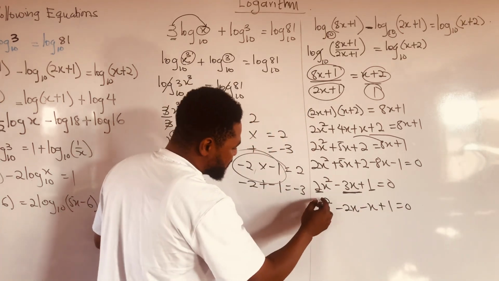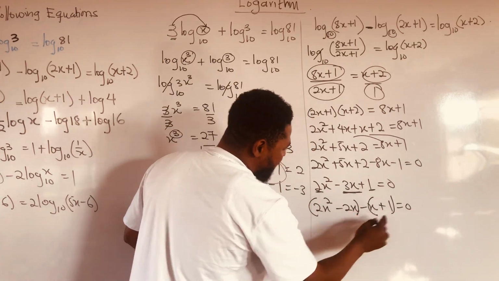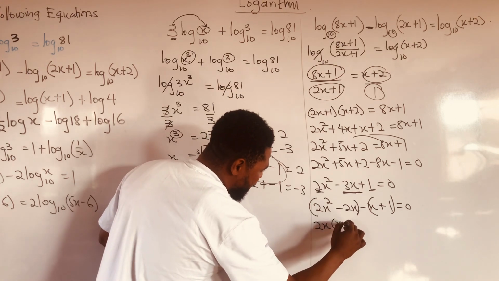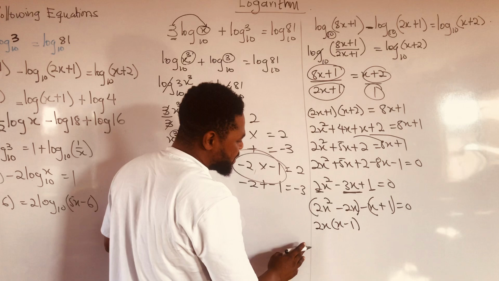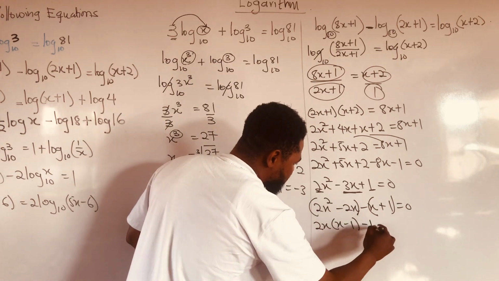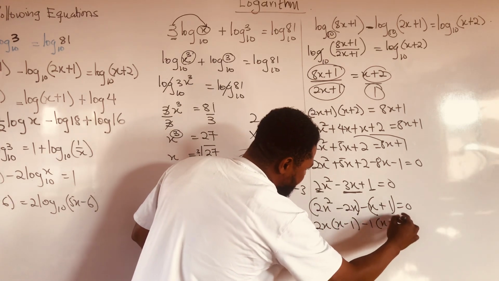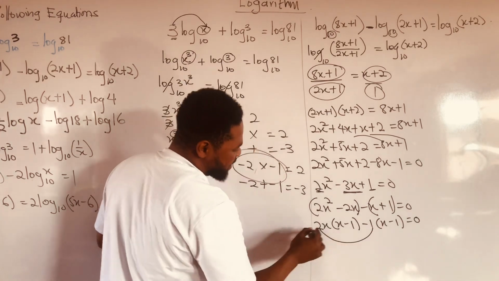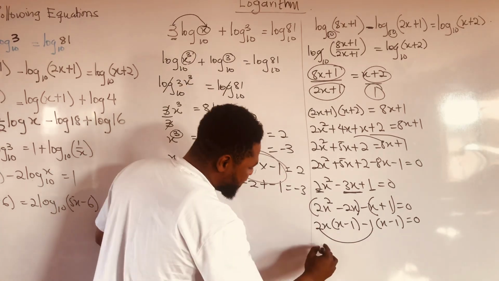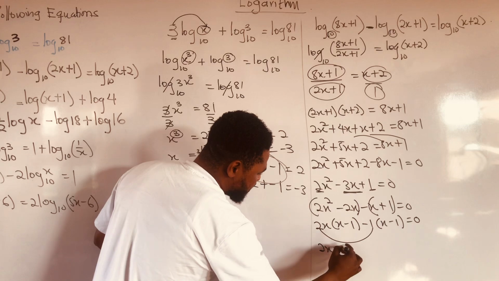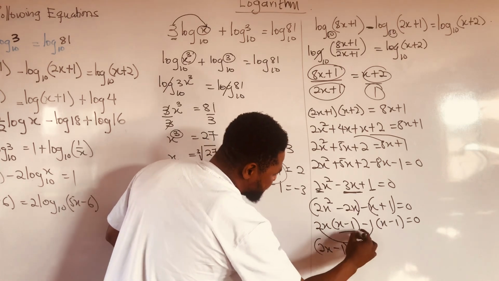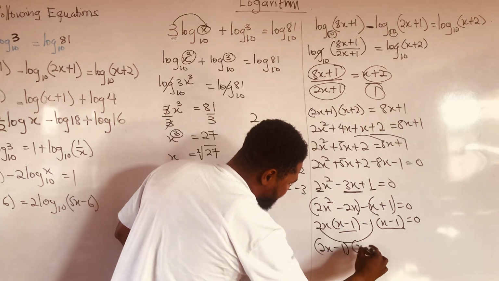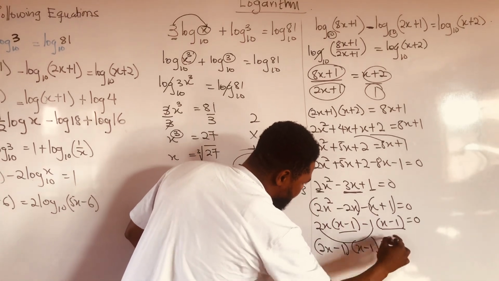Here we factorize. We group them 2, 2, and factorize. So 2x out, x minus 1. And minus 1 out, x minus 1 equal to 0. So we group outsiders, and that will give us 2x minus 1. Since this and that are the same, you pick only one. So we have x minus 1 equal to 0.